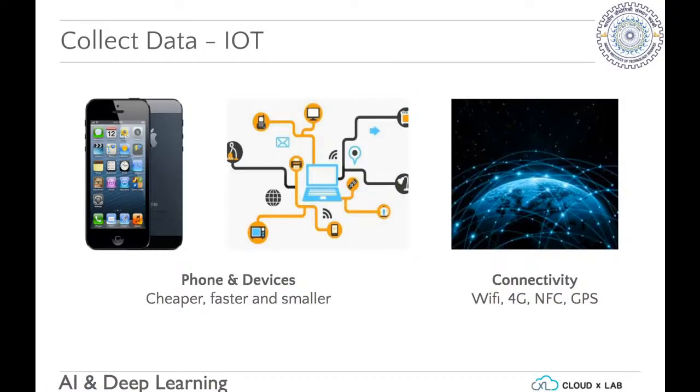So today, the phones and devices have become cheaper, faster, and smaller. On the other hand, network connectivity has improved: Wi-Fi, 4G, NFC, Bluetooth, GPS, infrared, and so on. There are so many ways to connect devices and transmit the data.